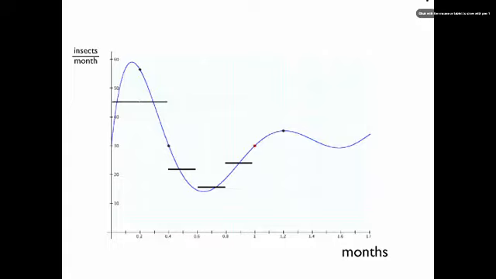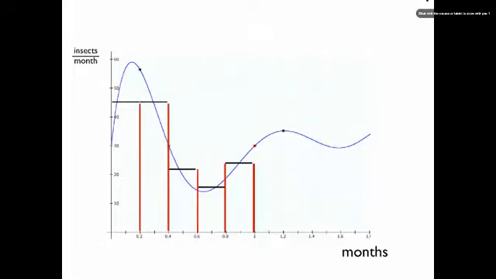What is it not? Look, no vertical lines, no rectangles. Why not? Because it's not about areas. This is about insects, how fast the insect population is growing and how many insects we have. What does that have to do with area?